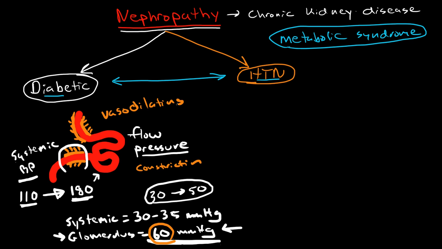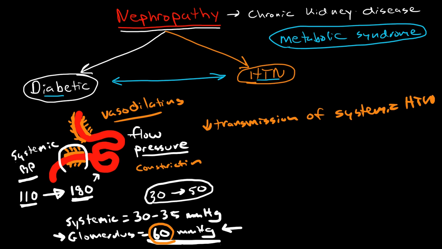And that's just one example of how. So one of the protective mechanisms that we have is that we can decrease the transmission of systemic hypertension because of this exquisite control that we have of the blood flow into and out of the glomerulus.